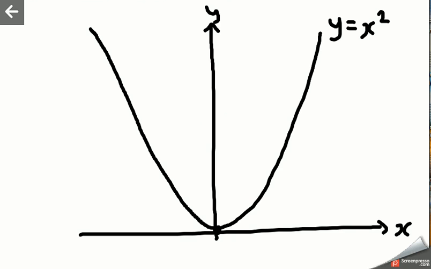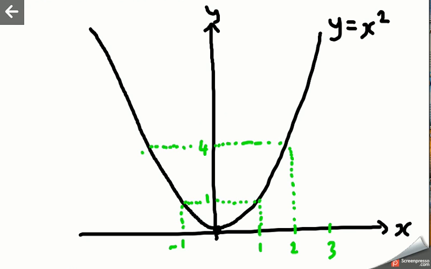We're going to multiply it by a constant and see what happens to it. So, first, let's plot some values of x. So this is x equals 1, 2, 3, I suppose. So when x equals 1, y is equal to 1. And on the other side, when x equals negative 1, y is equal to 1. When x equals 2, y is equal to 4.